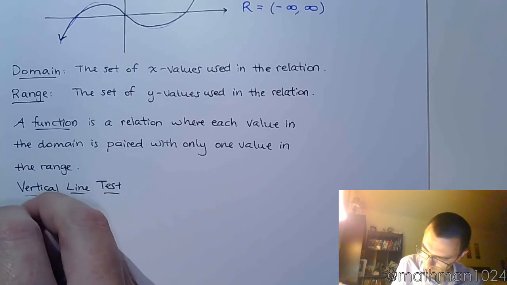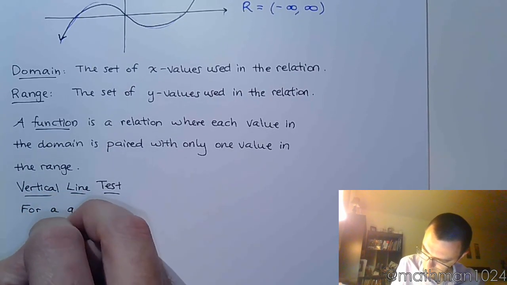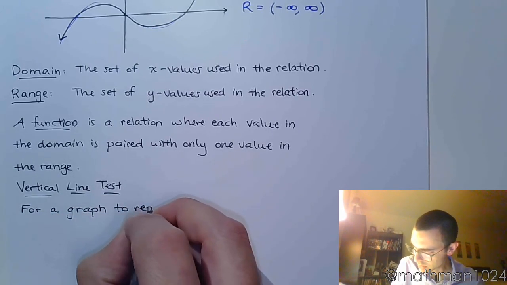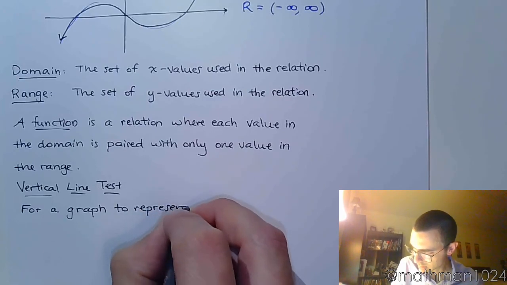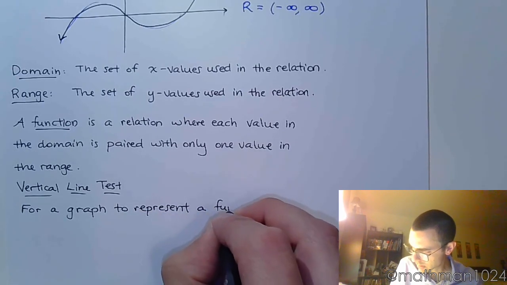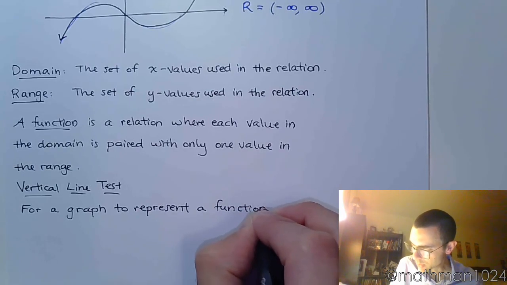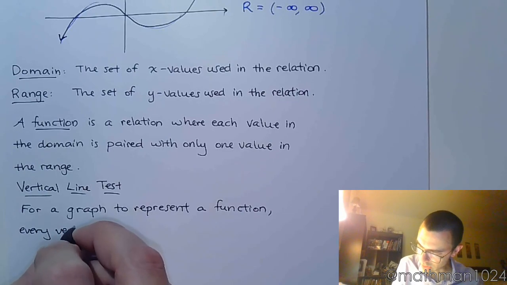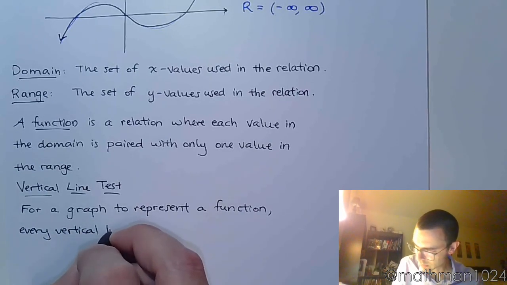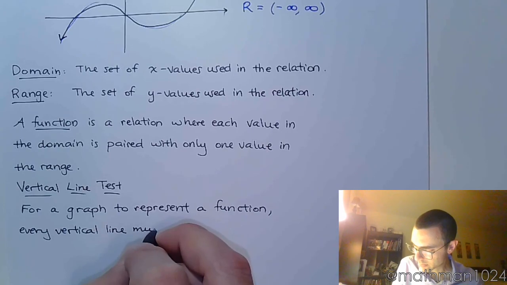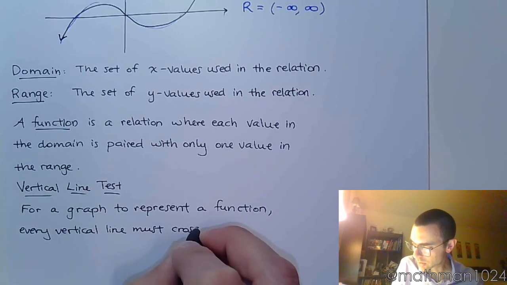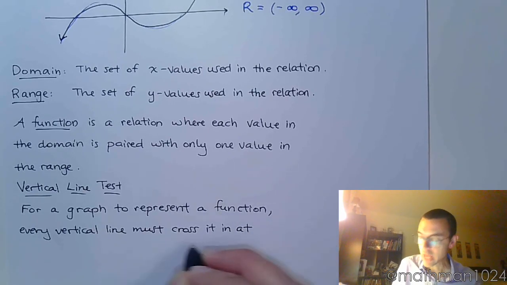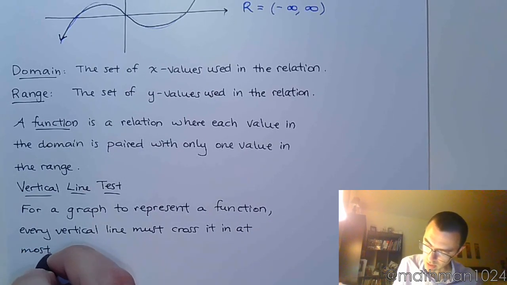It says that for a graph to represent a function, every vertical line must cross it in at most one point.